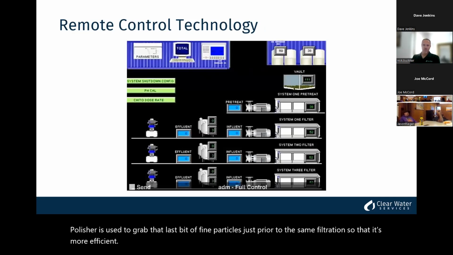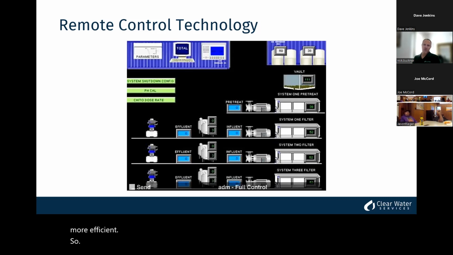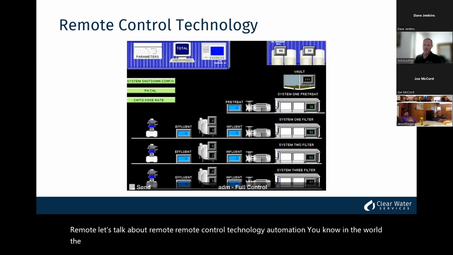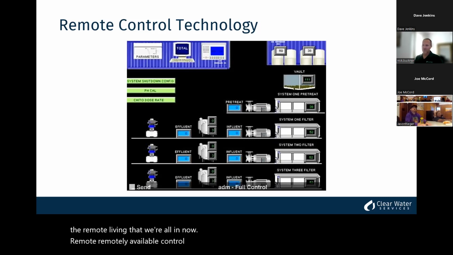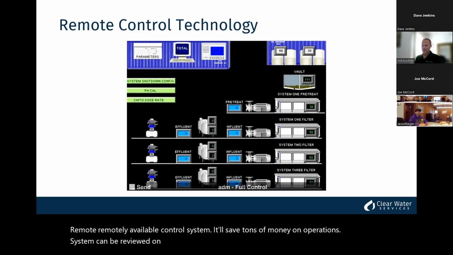So let's talk about remote control technology, automation, in the world of remote living that we're all in now. A remotely available control system will save tons of money on operations. The system can be viewed on a tablet, a smartphone, or a PC.